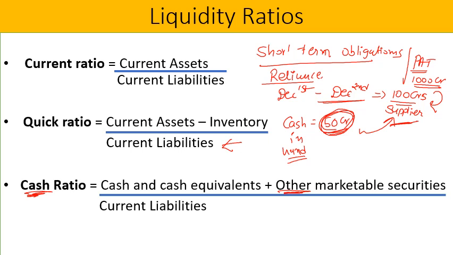We can't look at the PAT figure of 1000 crore because the company might be investing those 1000 crore in other assets such as land, equipment, or any kind of plant. So if we look at a short-term obligation such as paying a supplier on December 2nd, we have to look at cash in hand, or as a matter of fact what kind of current assets a company has in its balance sheet. This helps in understanding how it fulfills its short-term obligations.